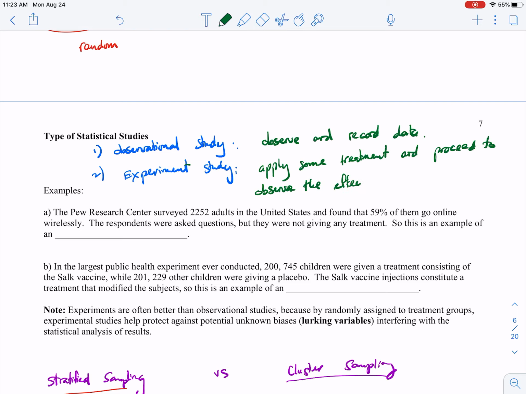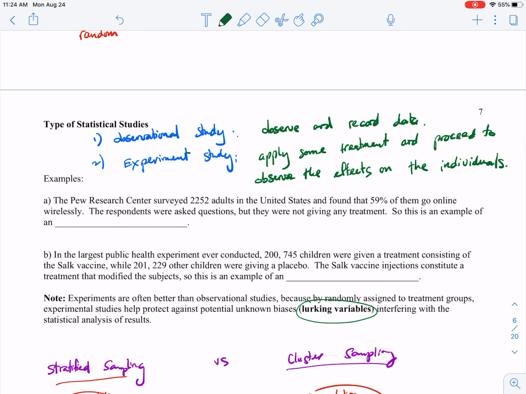This is used quite often in real life, because you can do a blind study, single blind or double blind, where you give subjects certain drugs but you don't tell them what they are receiving, and you also don't tell the person who administers the drug what they're giving to the subject. That will eliminate a lot of lurking variables or bias variables that could alter the result of the study. So this is used quite often in real life.